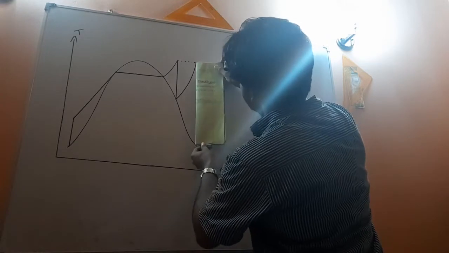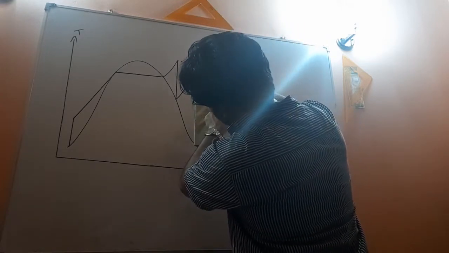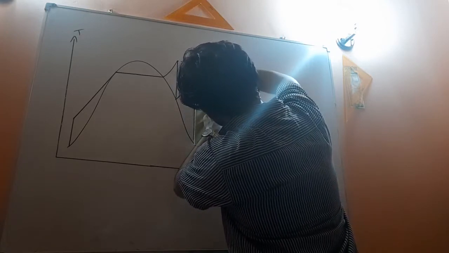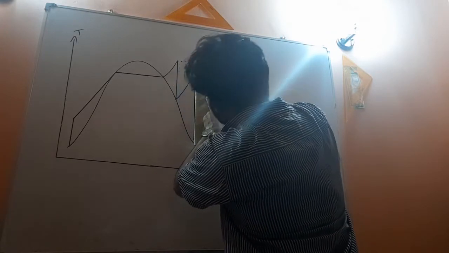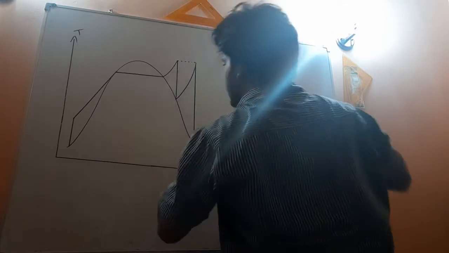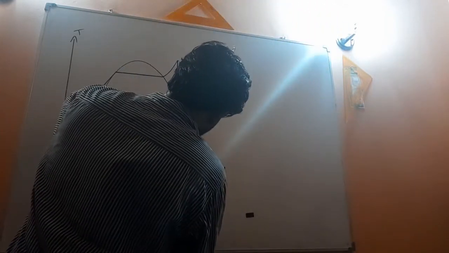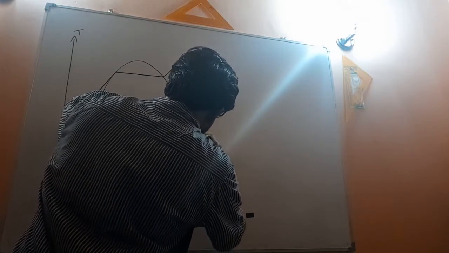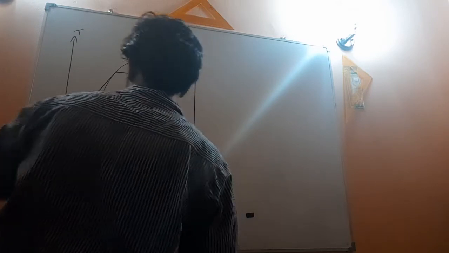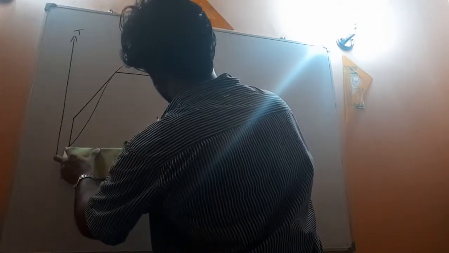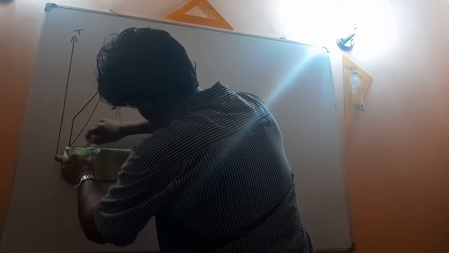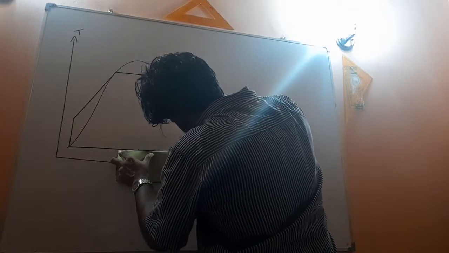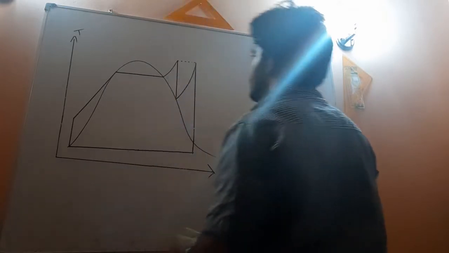This should go a little below the saturated line, right? This is where it is started, right? I think now we have successfully sketched the TS diagram, right?